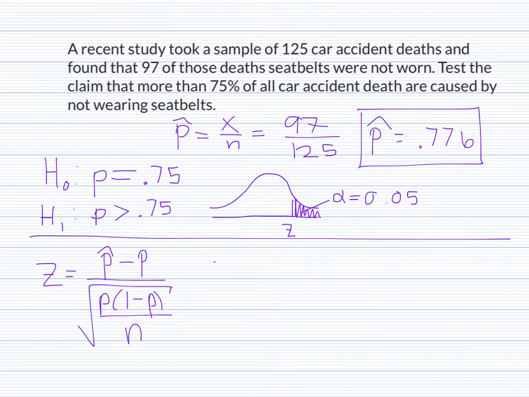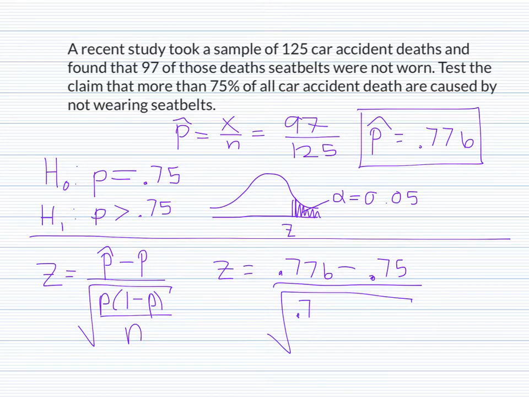So I have here z is equal to your p hat, 0.776, minus your p, which is 0.75, that's the claim value, divided by the square root of your claim value times 1 minus your claim value, all over n, your total sample. And we just need to go and calculate out what that z-score is.